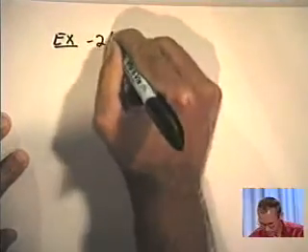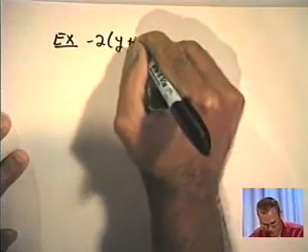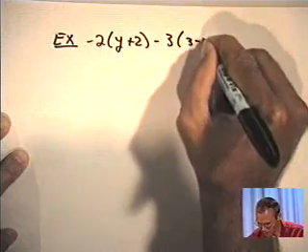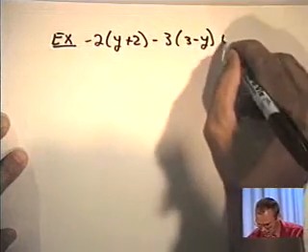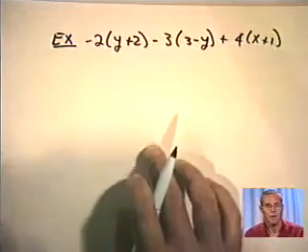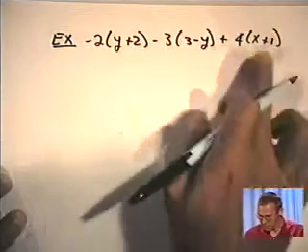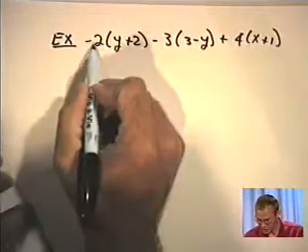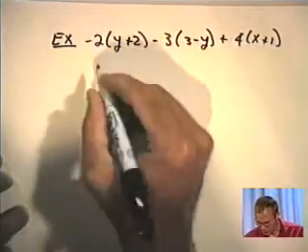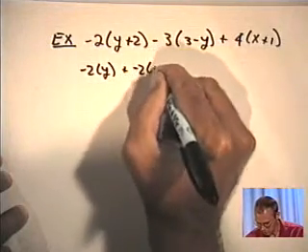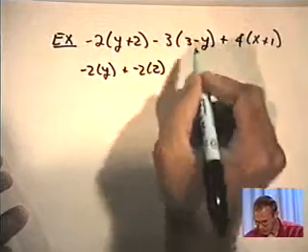Okay, let's try one more example. Negative 2 times y plus 2 minus 3 times 3 minus y plus 4 times x plus 1. Okay. Notice I have 3 multiplications here. I have 3 distributive properties to work through. So let's go ahead and distribute the negative 2 through this parenthesis. I'll distribute the negative 3 through this parenthesis.